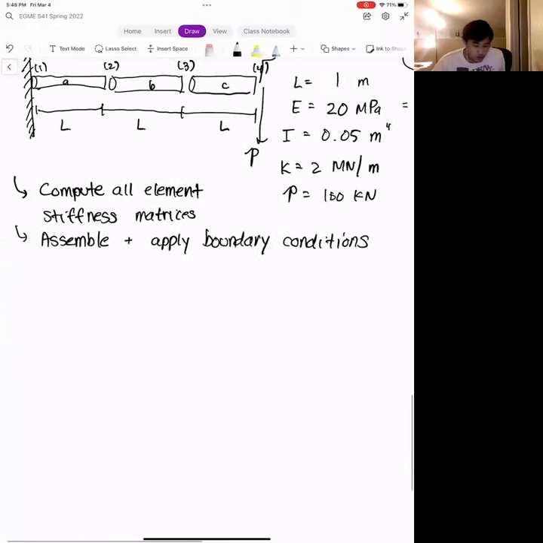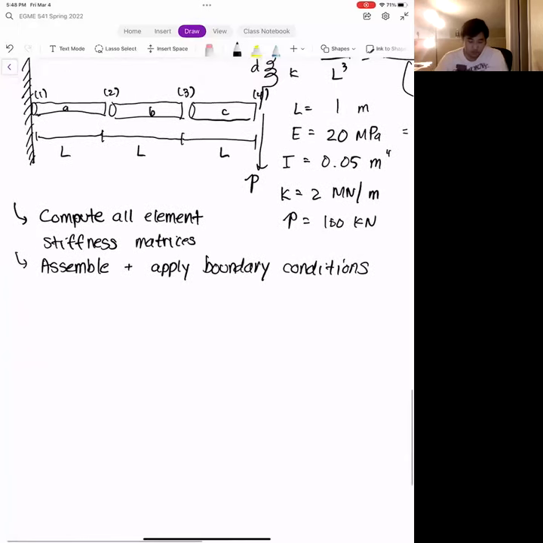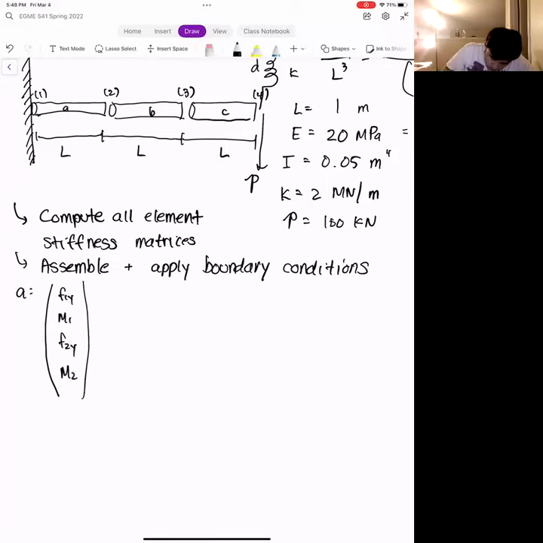With that in mind, let's start assembling, and let's start with element A. Element A here is connected to nodes 1 and 2, so we have F1y, M1, F2y, M2. We have our EI over L cubed factor, which is 10 to the 6th, multiplied by our element stiffness matrix.